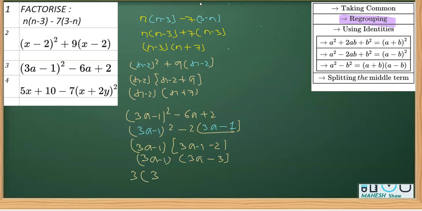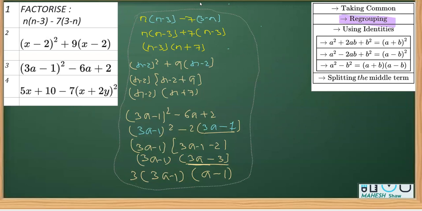So we'll be writing 3(3a − 1), and after taking 3 common from this term, dividing each term by 3, 3a divided by 3 is a, and 3 divided by 3 is 1. Actually, I did nothing; I took 3 common from this and wrote it in the beginning. This is how this part was done.